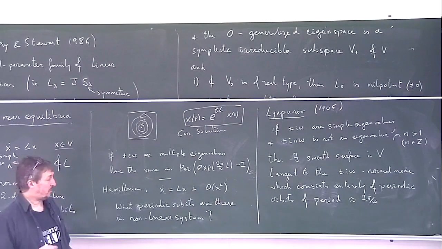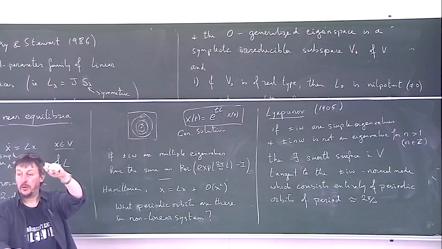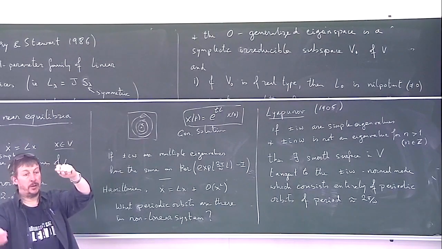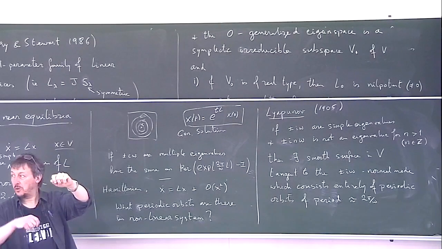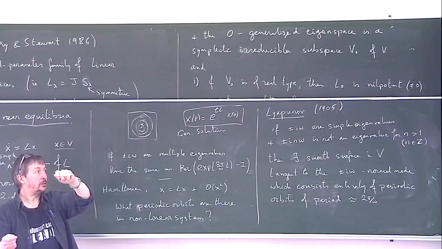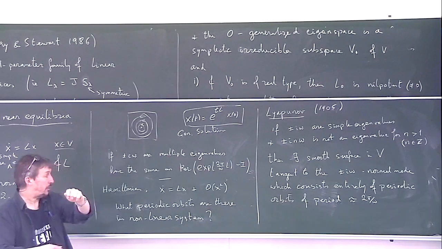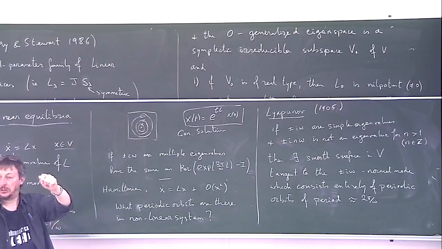Okay? It's not going to be constant. So imagine a pendulum. We know the period of a pendulum is 2 pi square root of L over G. But that's approximate. It actually depends on the amplitude.